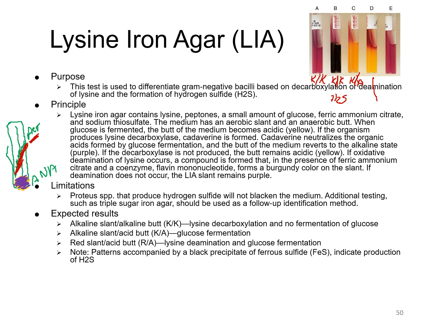And then with a D, this one has actually turned red, and then you have an acidic butt. With that, it has lysine deamination, and it has glucose fermentation as well. And then this last tube is no change, it's not inoculated. So this would be what the tube would look like when you start.